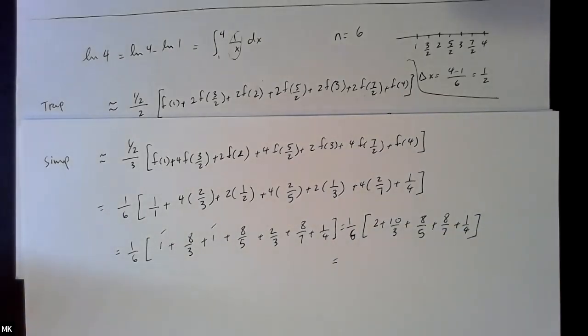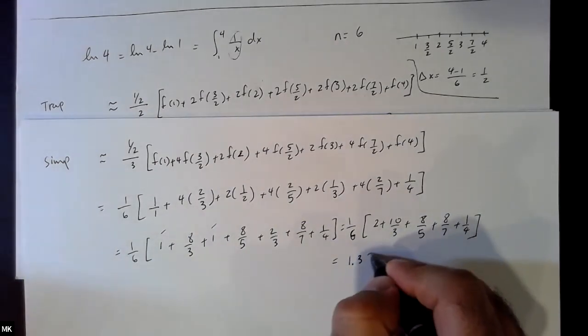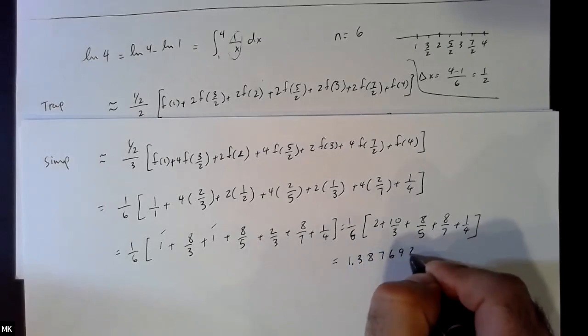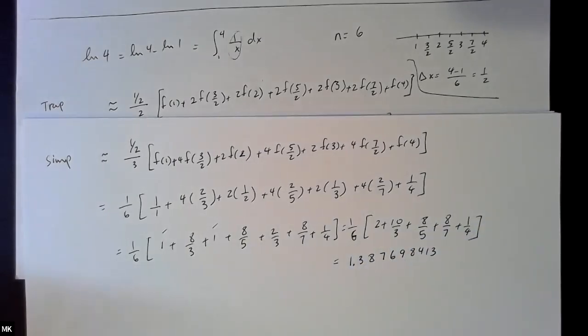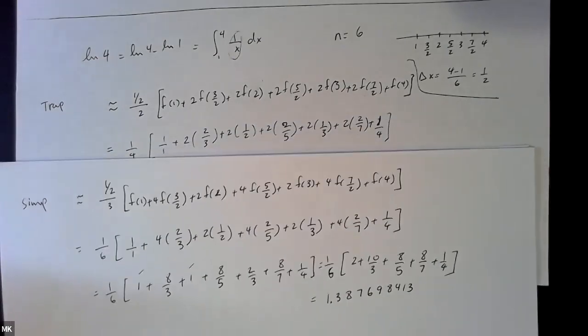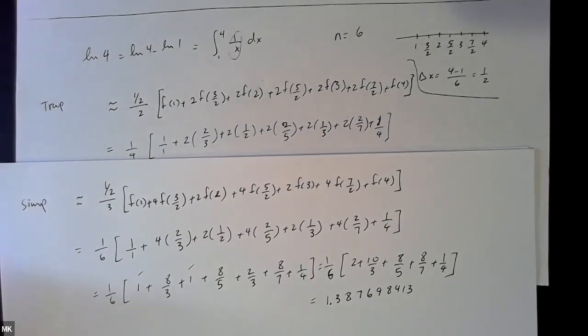So I have 2 plus 10/3 plus 8/5 plus 8/7 plus 1/4, divided by 6, of course, which I get 1.387698413. Again, going a little bit too far in my decimals.